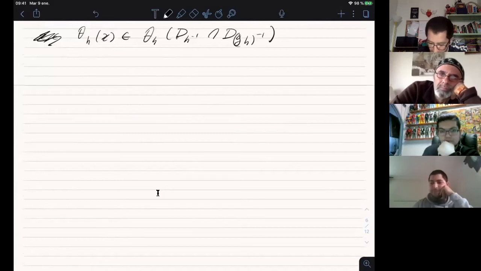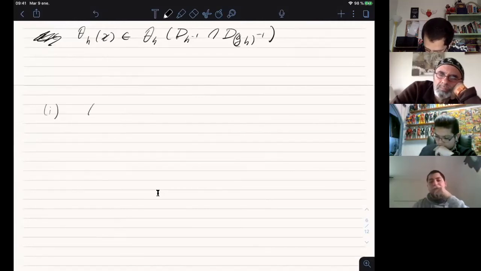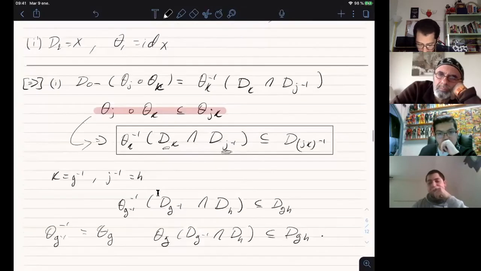Yes, we use condition 1, and remember that we have this D_{jh minus 1} because of this condition here, this one.